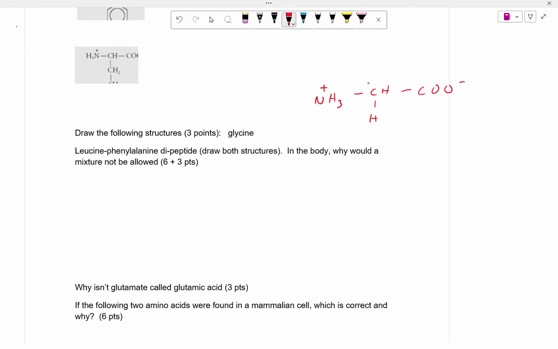And glycine is the simplest amino acid, just has a hydrogen there. So is glycine a D or an L? What do you think? It's got to be one or the other, right? Or maybe not.